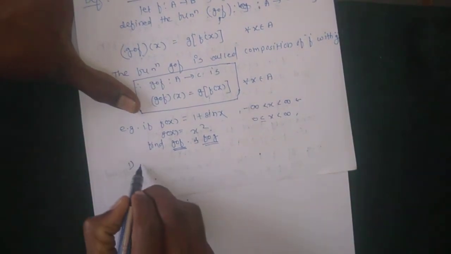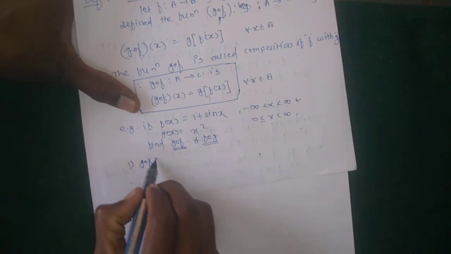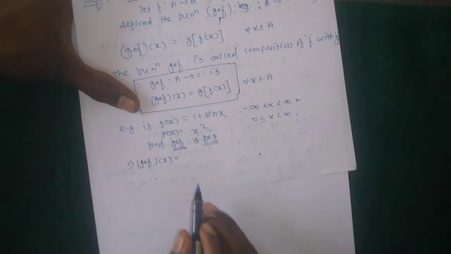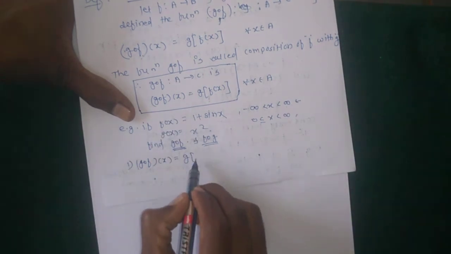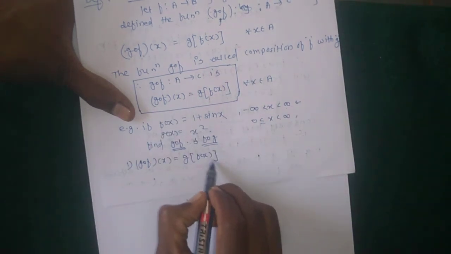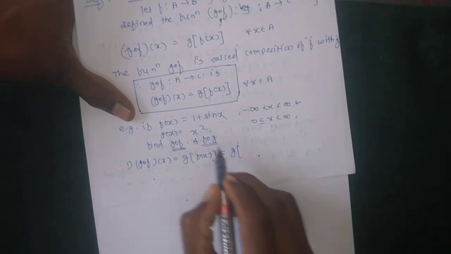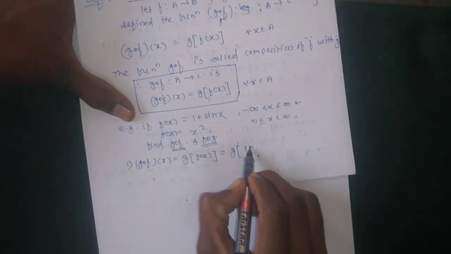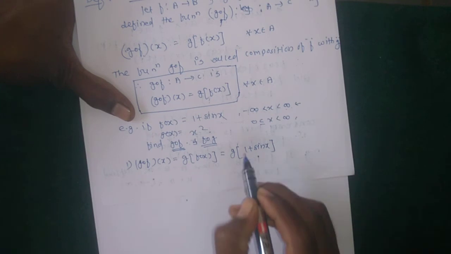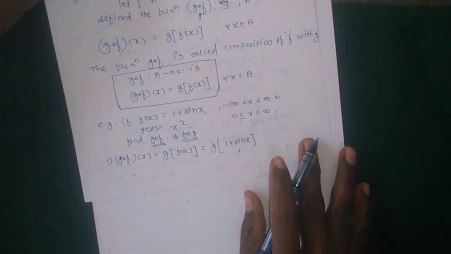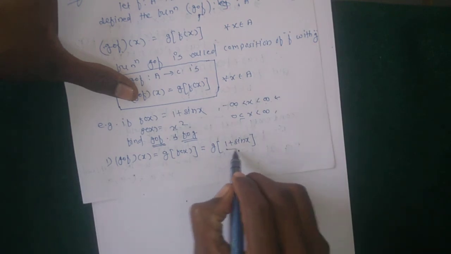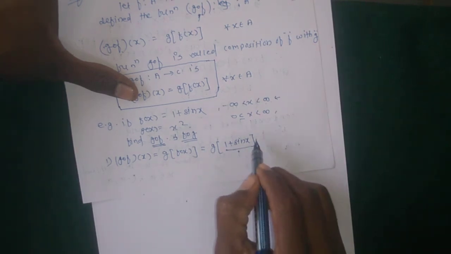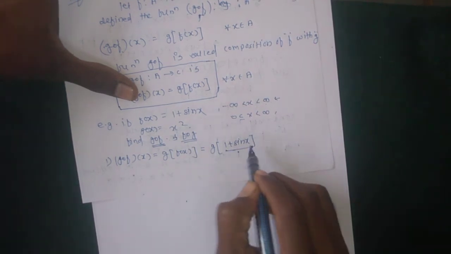Okay, first (g∘f)(x). What is the definition of (g∘f)(x)? It is g(f(x)), and the value of f(x) is 1 + sin x. Then g is applied on this element, 1 + sin x.